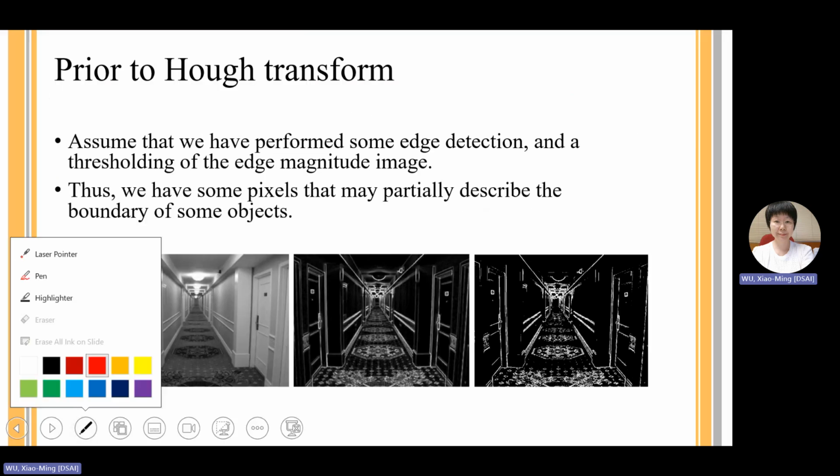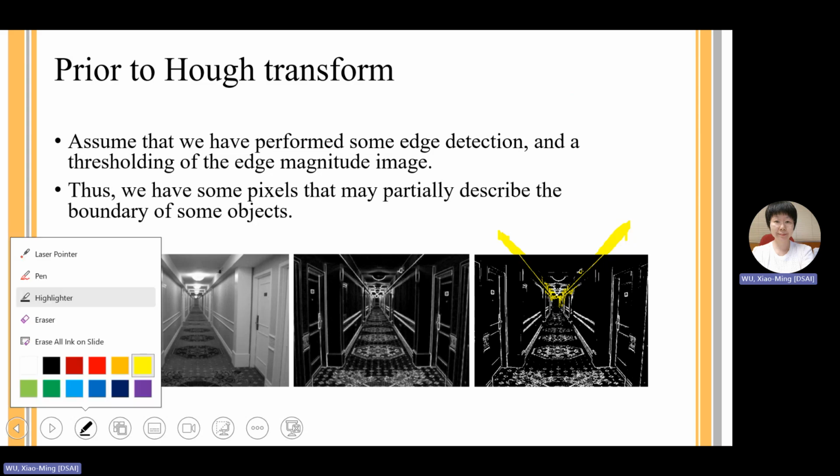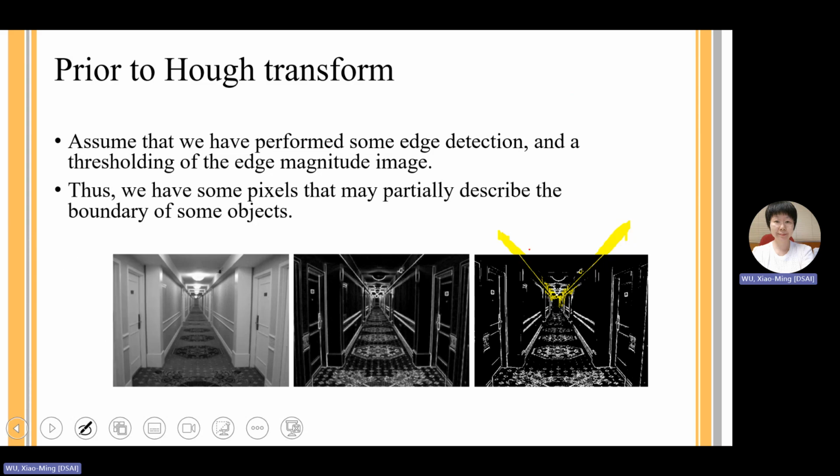Which line appears to be the most significant? Perhaps this line or this line. So if we know how many pixels belong to this line, if we can identify the set of pixels that belong to the same line, then maybe we can determine the most significant lines by voting.